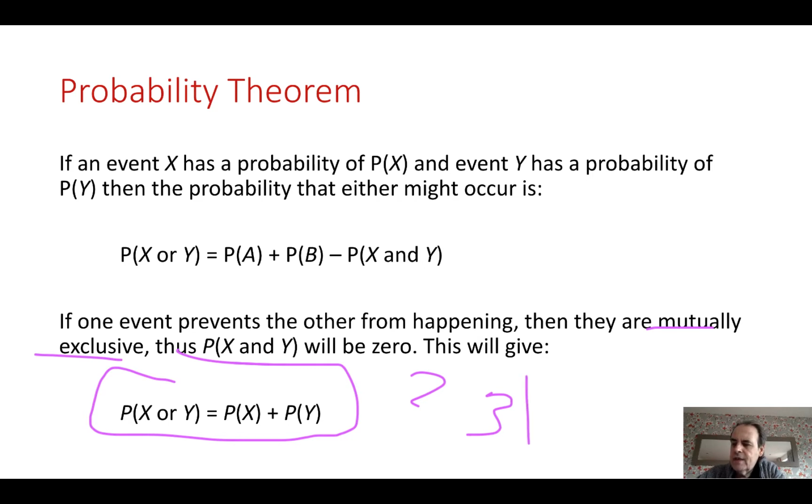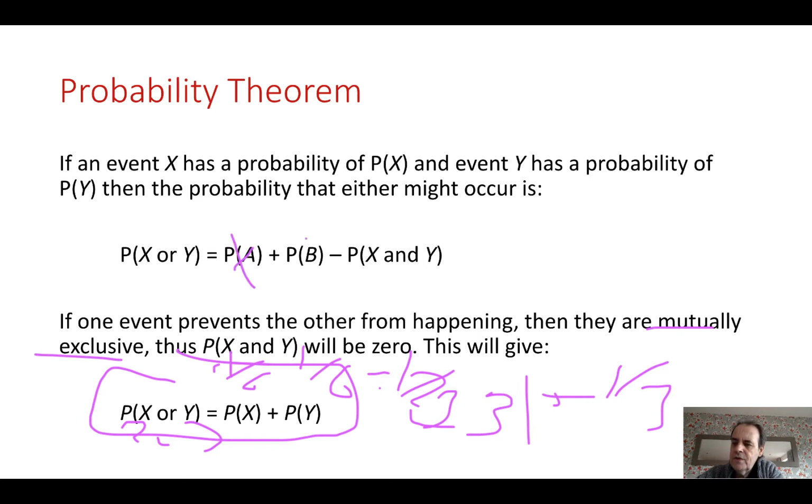I cannot throw a 2 and a 3 at the same time with a single dice. So the probability of throwing a 2 is 1/6, and the probability of a 3 is 1/6. So the probability of a 2 or a 3 is equal to 1/3.